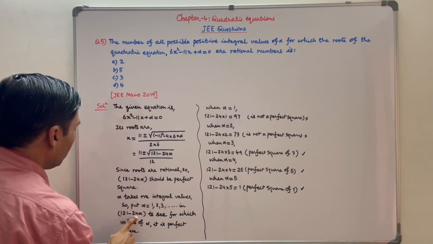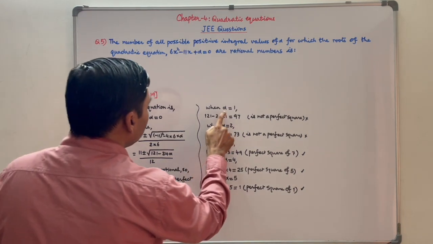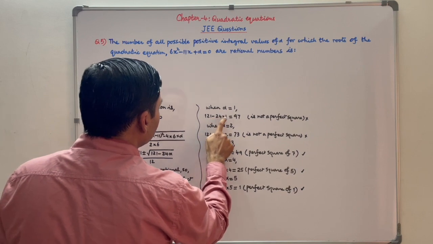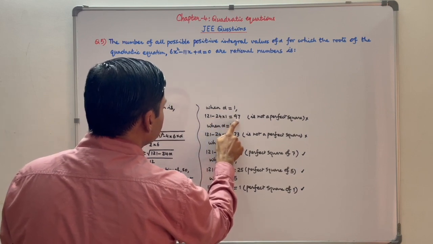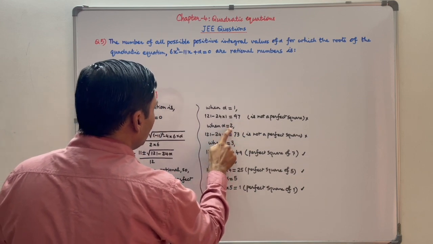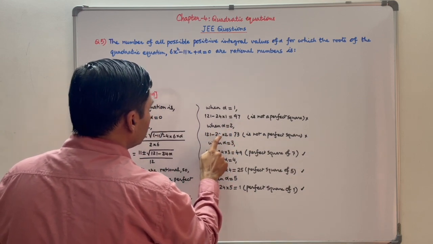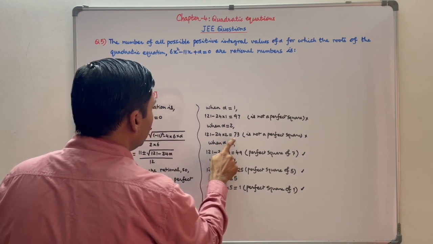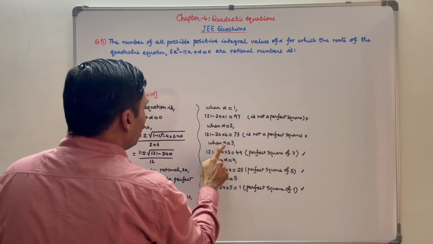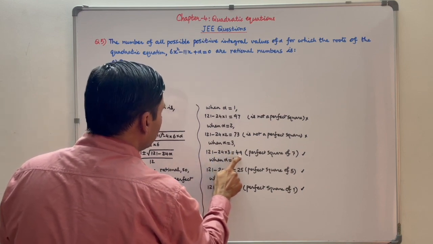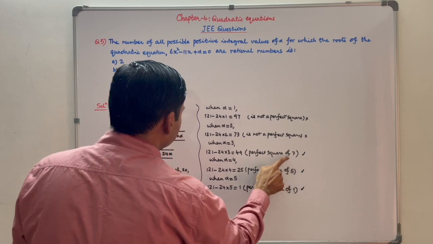When alpha is equal to 1, the value of 121 minus 24 alpha is 97, and 97 is not a perfect square. When alpha is equal to 2, the value is 73, which is not a perfect square. When alpha is 3, the value is 49, which is perfect square of 7.